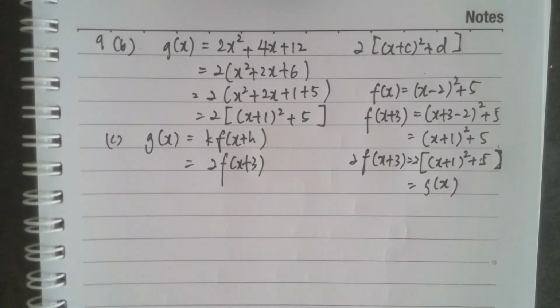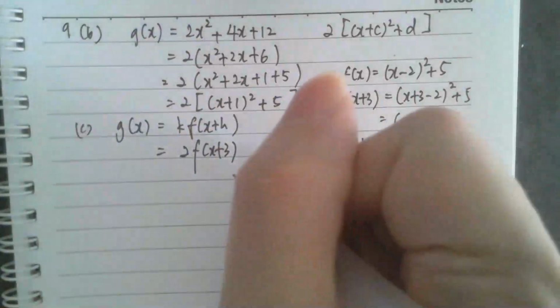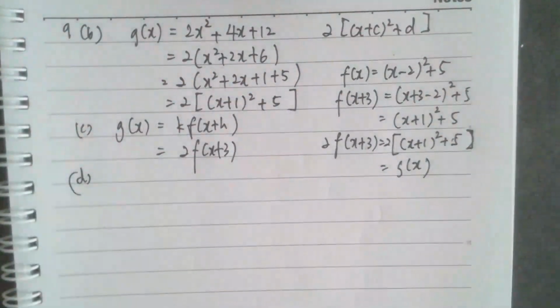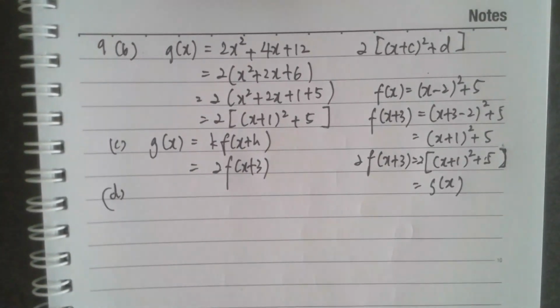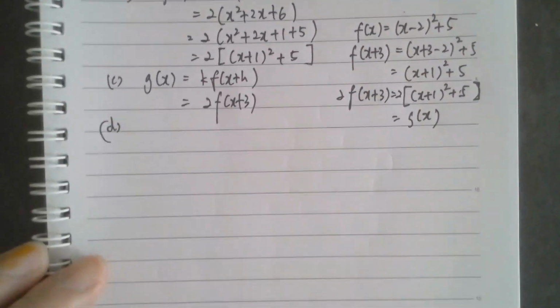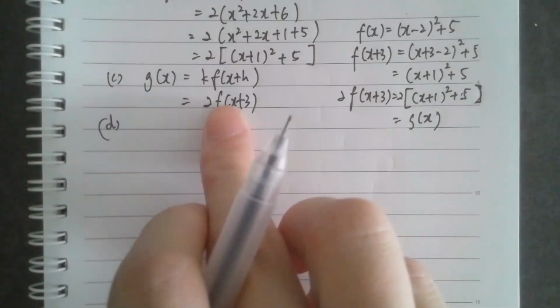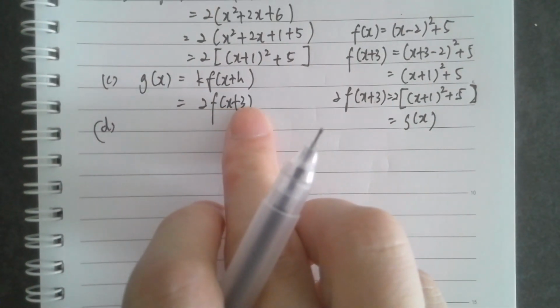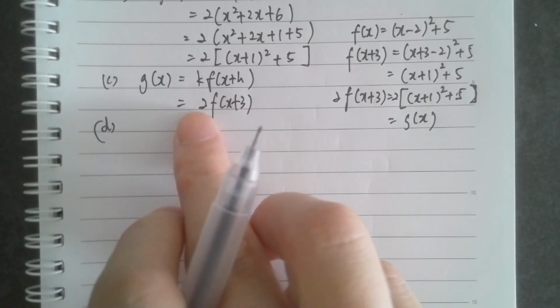Moving on to the last part of this question, D. It says describe fully the two transformations that have been combined to transform f(x) to g(x). From here we can identify two transformations. One is a translation in the x direction, two is a scaling of factor 2 in the y direction.